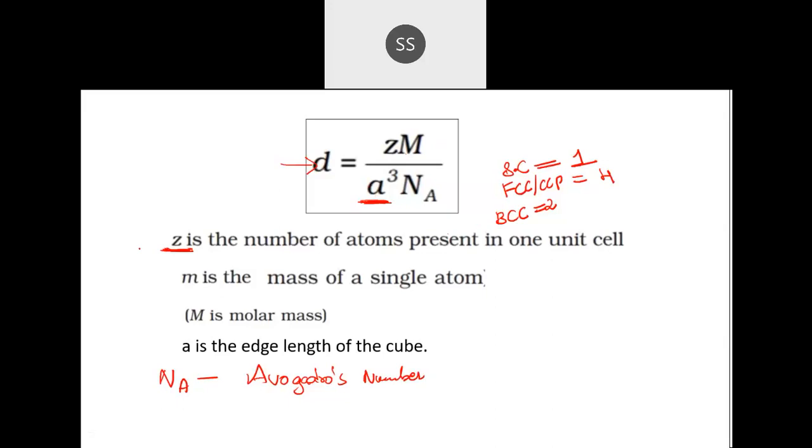So write down these terms correctly. Z stands for number of atoms present in one unit cell. Small m is the mass of a single atom. This we have substituted already and we got it in terms of molar mass and Avogadro number. So capital M stands for molar mass, Na is Avogadro number and A is the edge length.